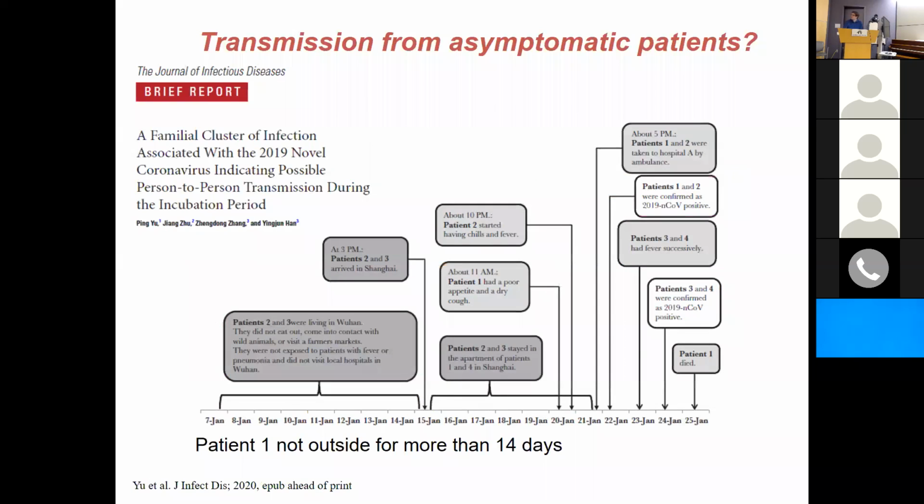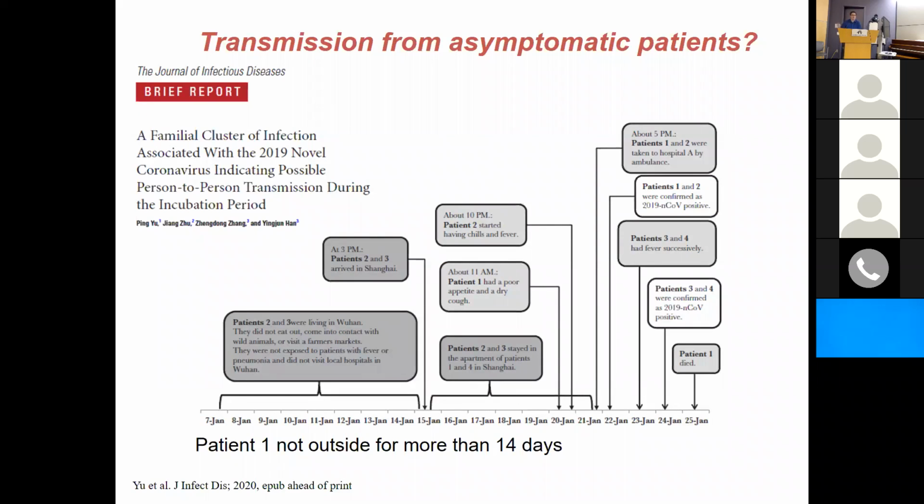And then the last one of those I'm showing you here: patients 2 and 3 were from Wuhan. They traveled to Shanghai and lived there with patients 1 and 4. We are here between January 15th and January 20th, they lived together. Patient 1 developed symptoms on the 20th.